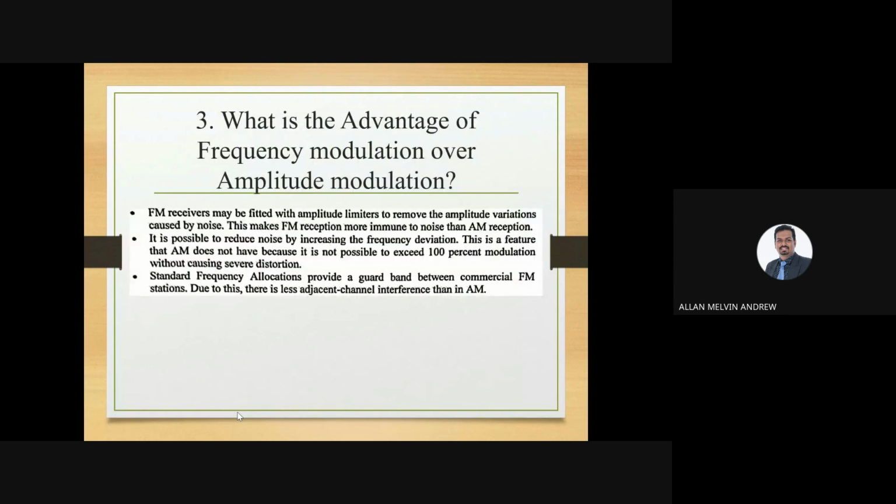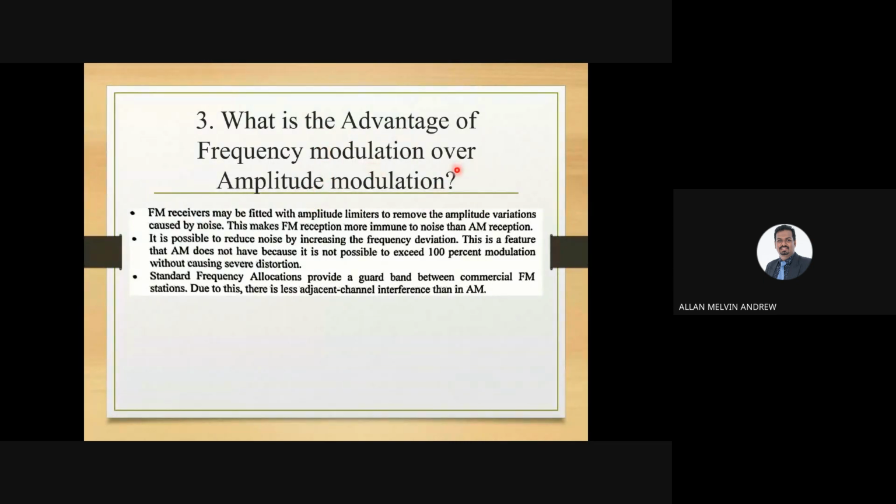Okay, question number 3. What is the advantage of frequency modulation over amplitude modulation? If you see this question, it already says you must discuss the advantage of frequency modulation. So don't discuss disadvantages. You want to highlight that frequency modulation is better than amplitude modulation.